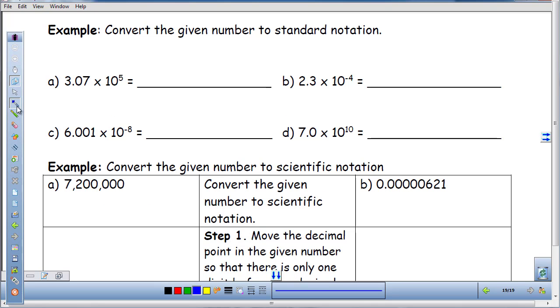For instance, in A, we got 3.07 times 10 to the 5th, so the decimal point is going to move where? 5 places to the right. So this is 1, 2, 3, 4, 5. Our decimal point was here, but now it's going to be out here. Okay. So we get 307,000.